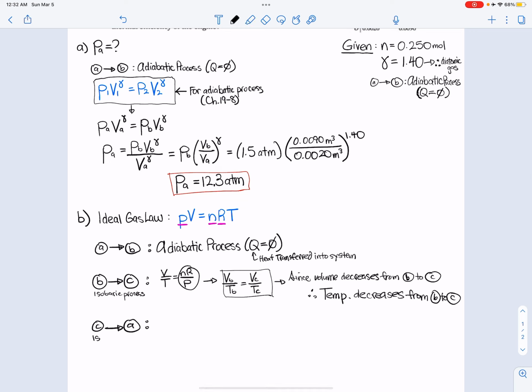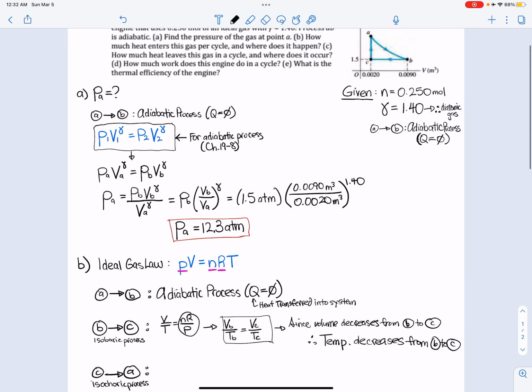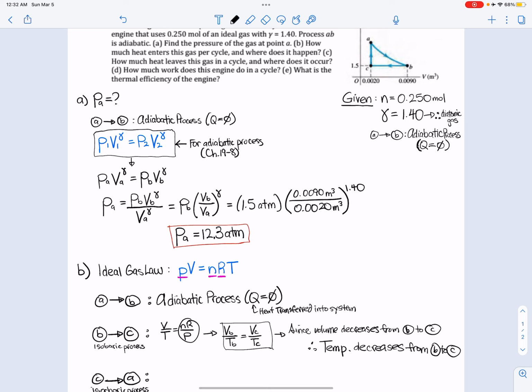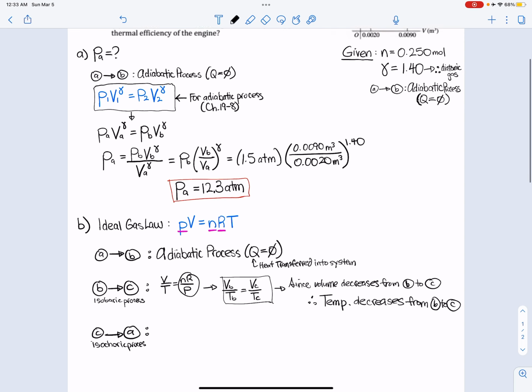So state C to state A is an isochoric process, and that is just a way of saying that volume did not change. We have constant volume, which is right here, 0.002, in the PV diagram.